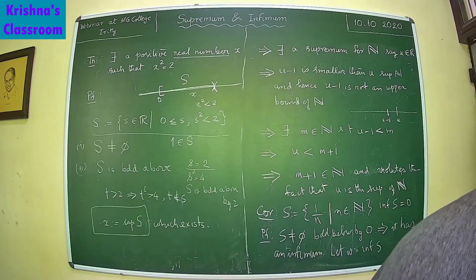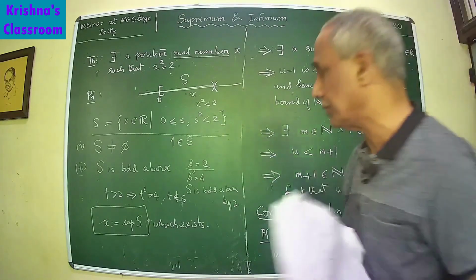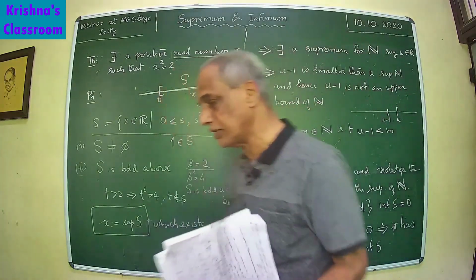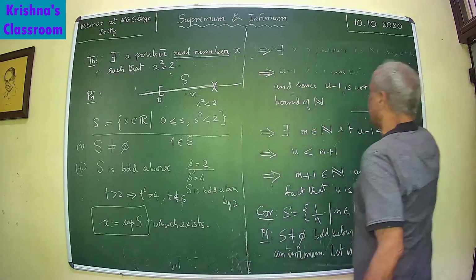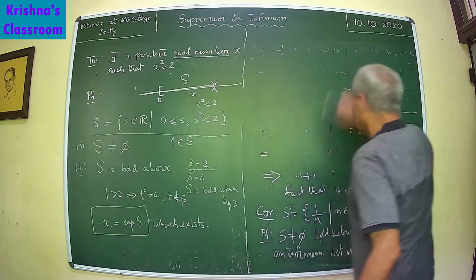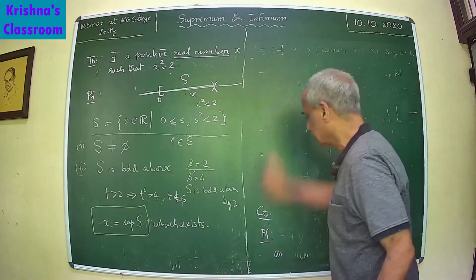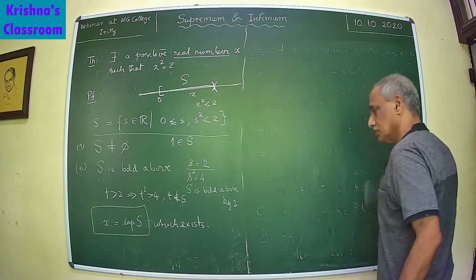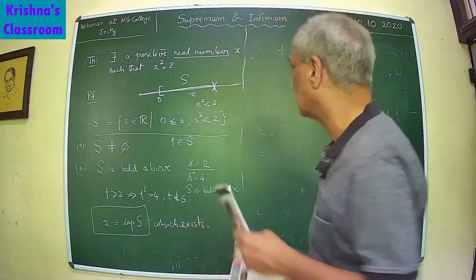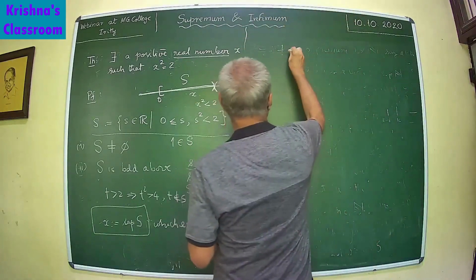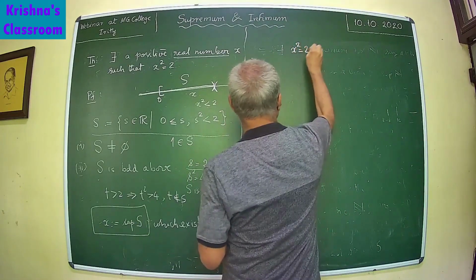So what is it that you expect? In mathematics, speculation becomes quite important. So we speculate that the supremum is going to serve the purpose. We are looking at the statement x squared equal to 2.